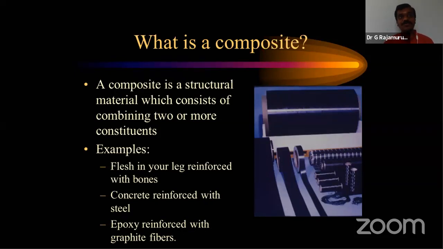Each and every composite should have a binder and a reinforcement. The type of reinforcement may vary, the length of the reinforcement may vary, the diameter of the reinforcement may vary. Based upon the reinforcement and the binder you add, the strength may increase or decrease, right?